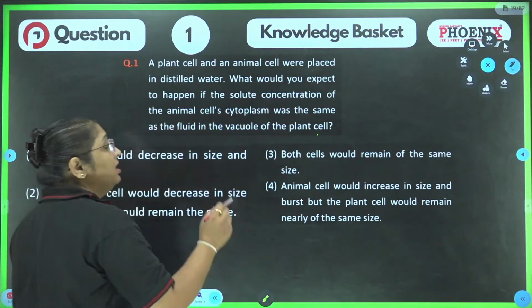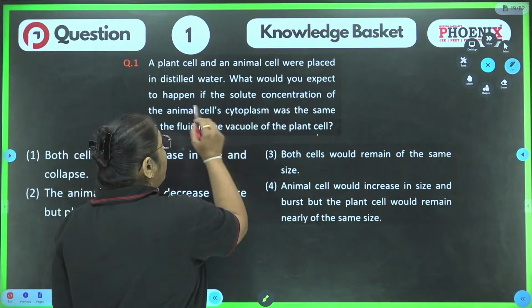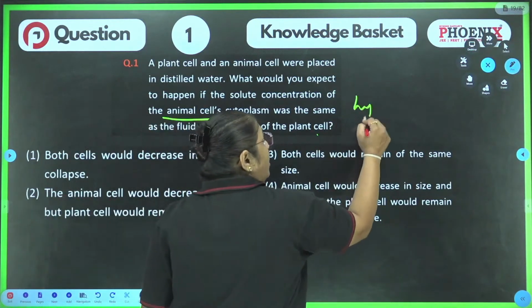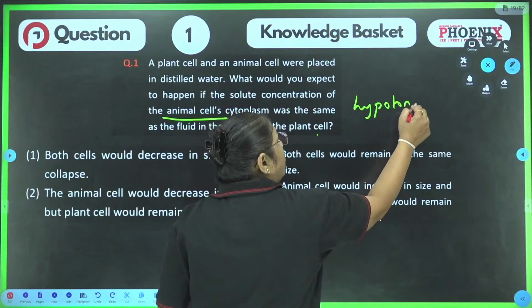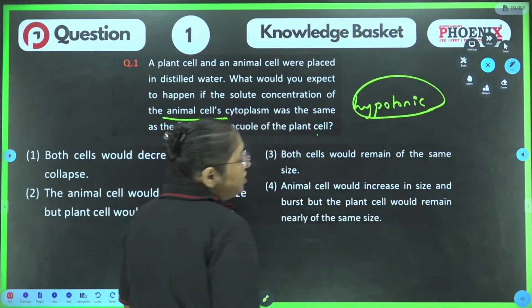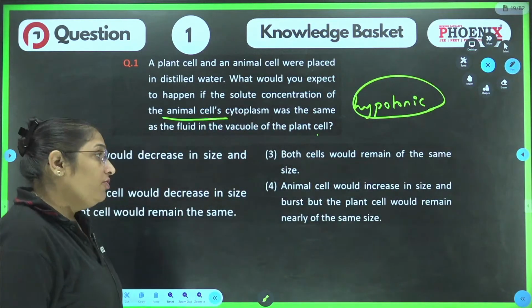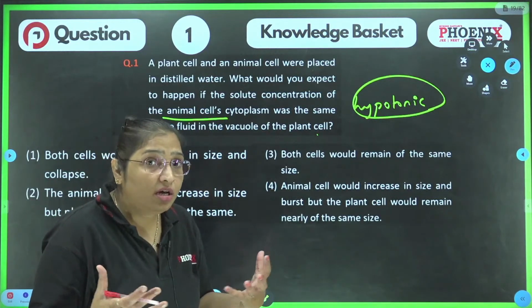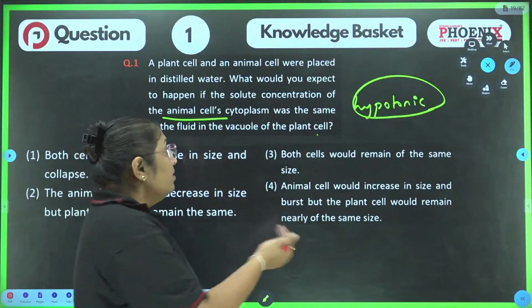Now here the concentration of the animal cell has been changed, and its condition becomes hypotonic. So we know that in hypotonic condition it is going to gain water.